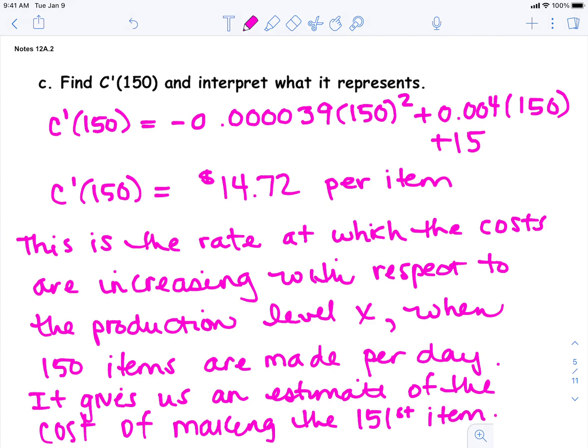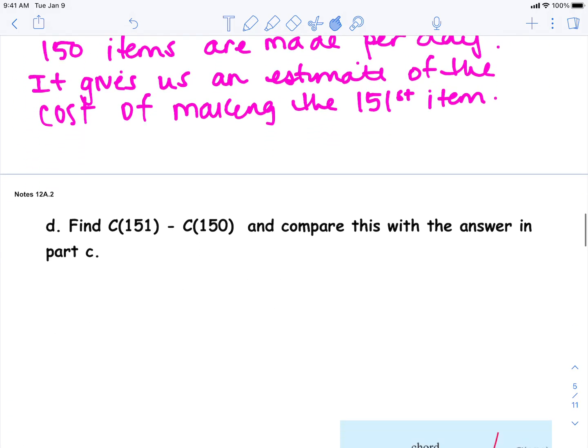All right. Moving on to part D. Part D says find the cost of 151 items minus the cost of 150 items. So we're going to use the original function. We would substitute 151 into the original function and then subtract the cost of 150 items.